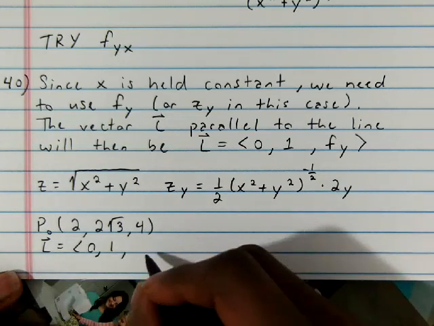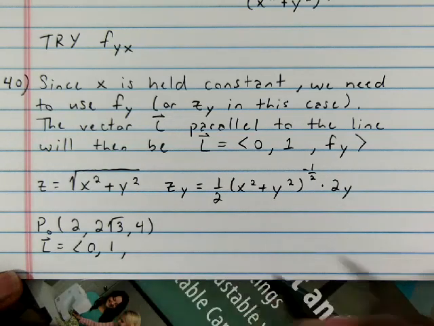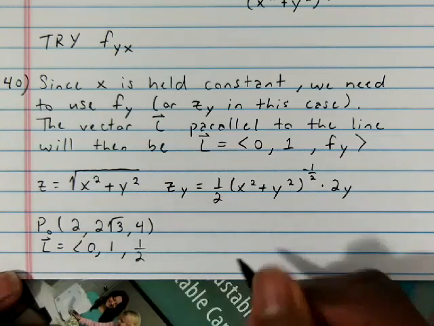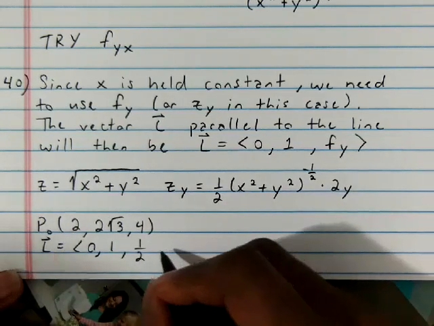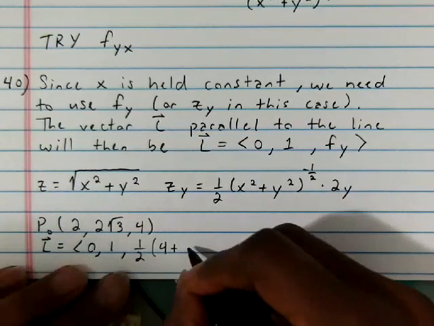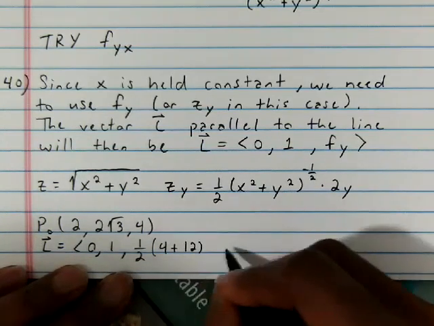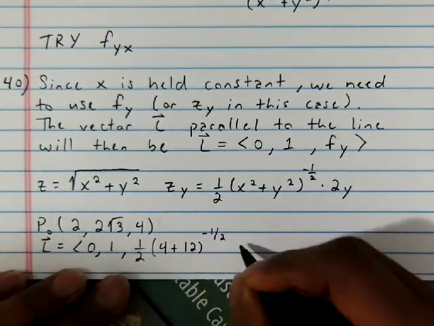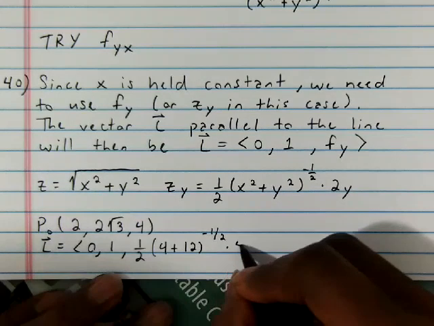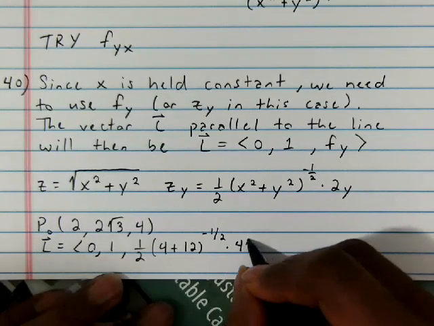So we're going to have 1/2 times x squared plus y squared. It's going to simplify nicely, but let me just write it out. 1/2 times 4 times 3, 12, plus 12, to the negative 1/2 times 2y, so 4 root 3.